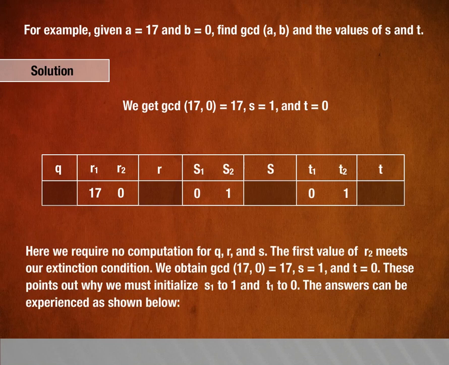The first value of r2 meets our stopping condition. We obtain GCD(17, 0) is equal to 17, s is equal to 1, and t is equal to 0. This points out why we must initialize s1 to 1 and t1 to 0. The answers can be verified as shown below: 1 times 17 plus 0 times 0 is equal to 17.